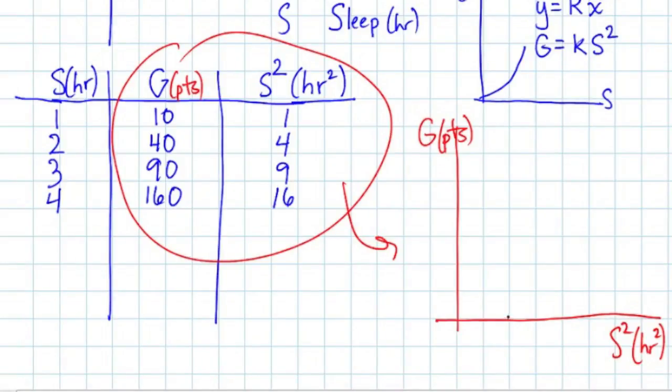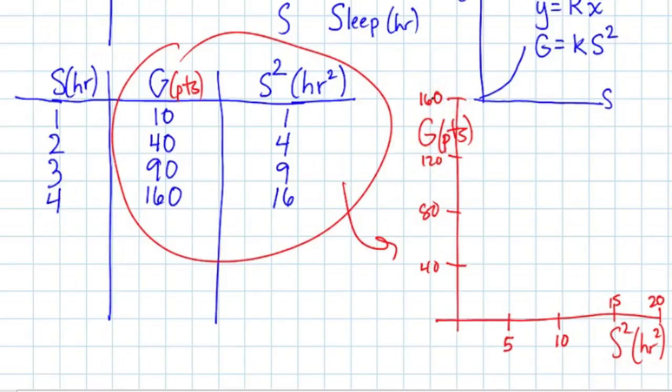Let's try and make this realistic. One thing I want to avoid is I don't want to put 1, 4, 9, and 16. That's not an even scale like we talked about in one of the previous videos. Instead, let's call this 5, 10, 15, and 20. Then the points that we have to plot, and let's do the other axis too. Let's say that this is 40, 80, 120, and then 160 is up here.